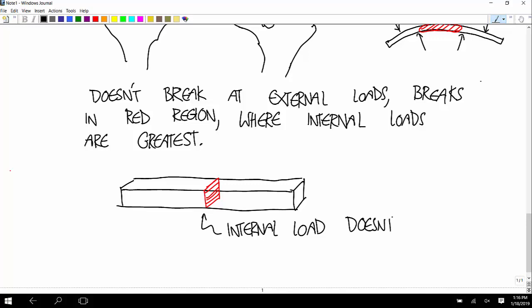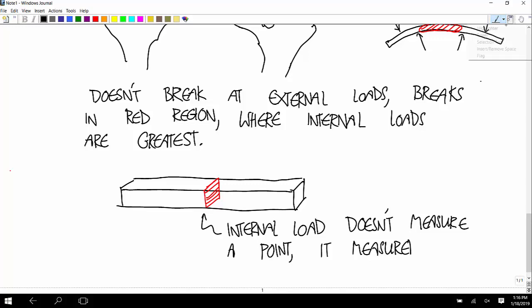So internal loads doesn't measure a point. It measures the loads on an entire surface.